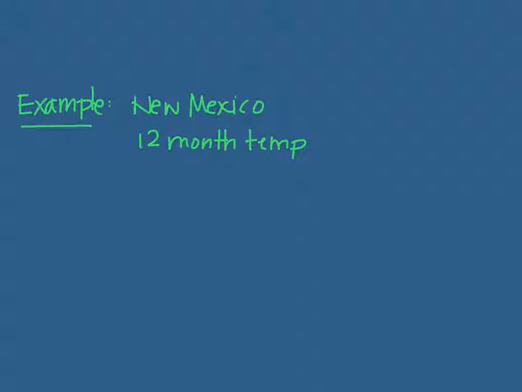They are as follows: 34, 40, 47, 55, 64. What are these numbers doing? They are going up. January, February, March, April, May. We're going up. 74, 79.